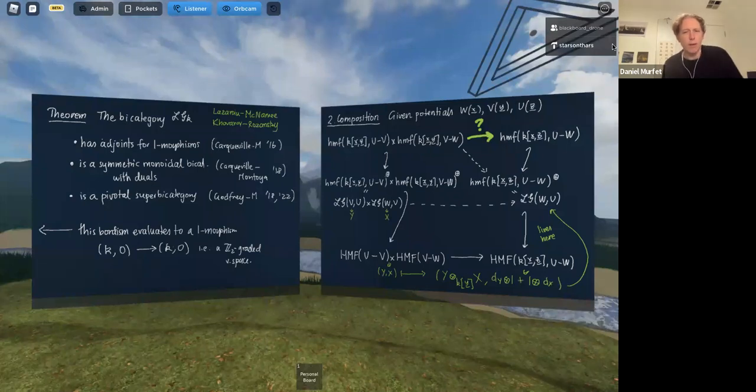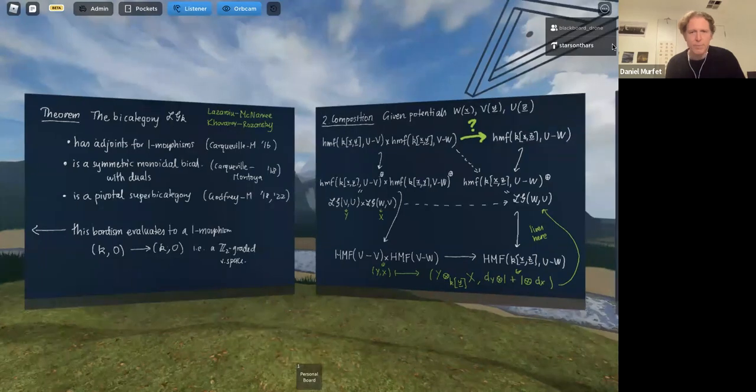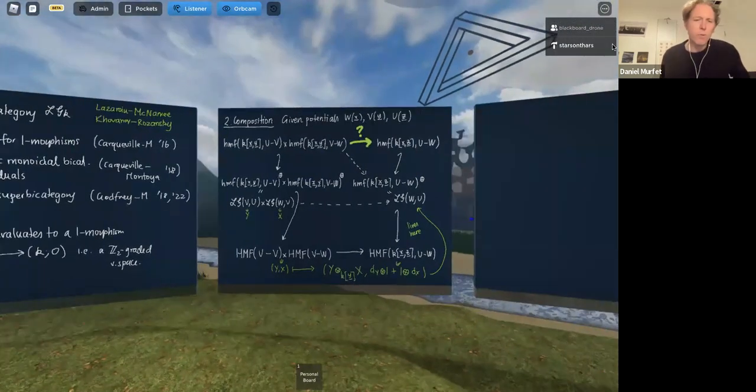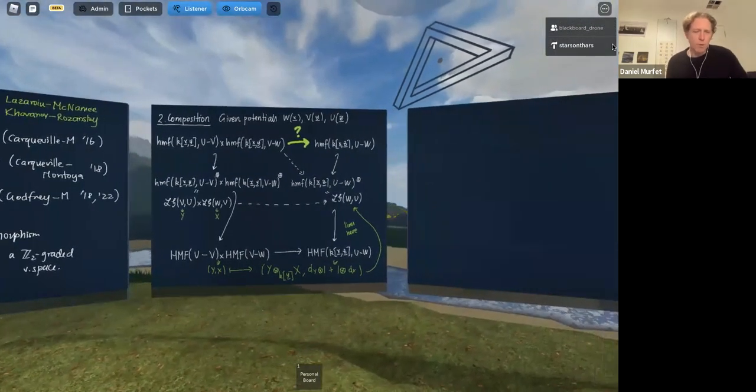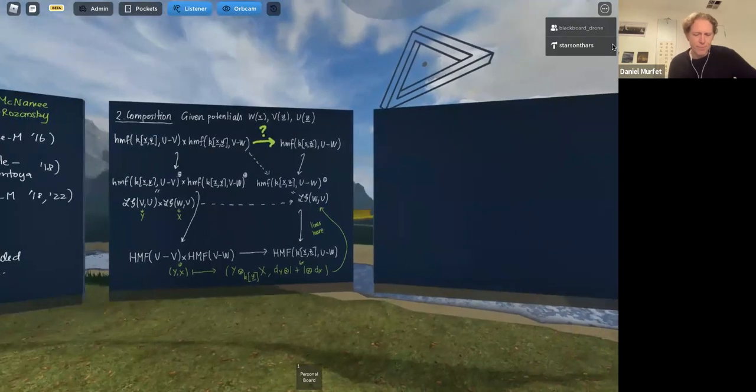And that's what I call the cut. And that's the next thing I want to tell you about. So the cut is going to be some kind of replacement for this composition, which is more computable, more effective, more finite.